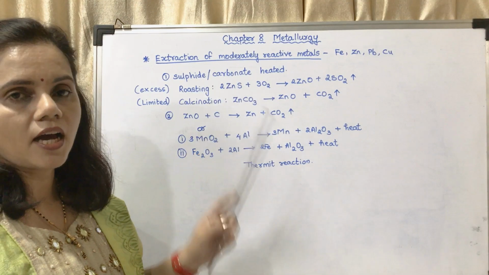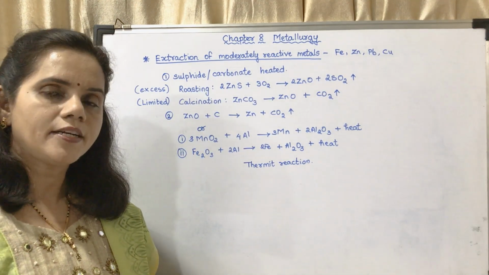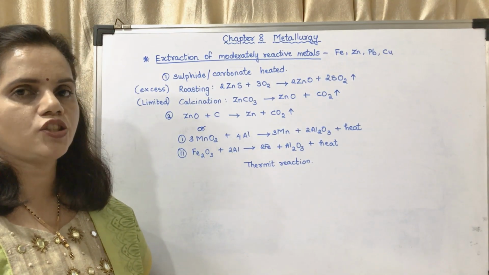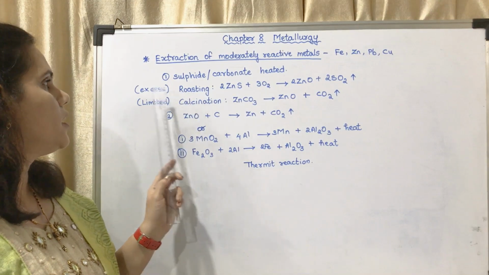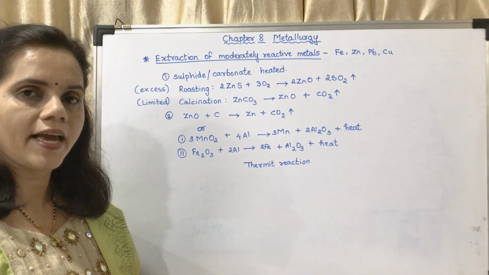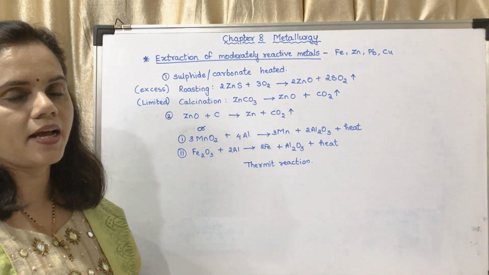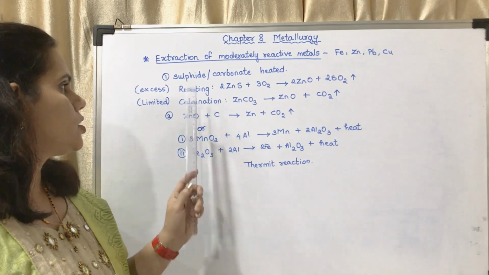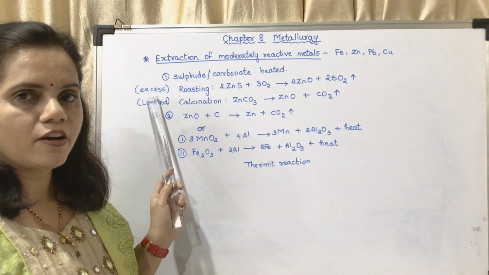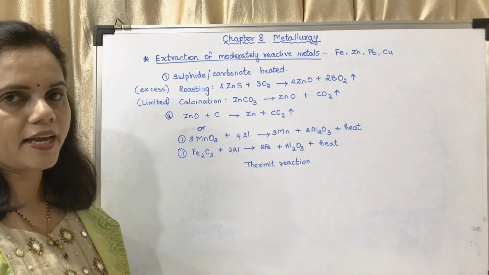There, sulfide or carbonate ores are taken and they are heated by two processes, either by the roasting method or by the calcination method. What is roasting? Roasting is heating in excess supply of air, and calcination is heating in limited supply of air. Okay, so this is the main difference.